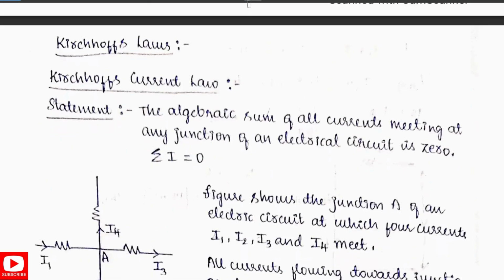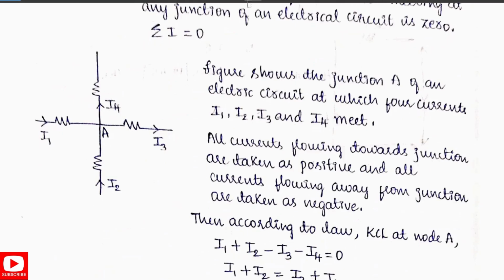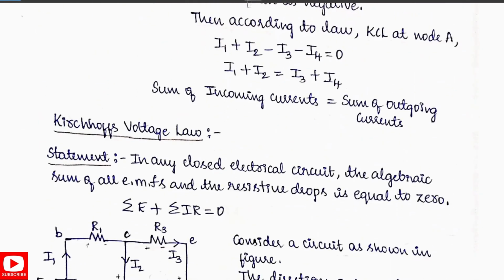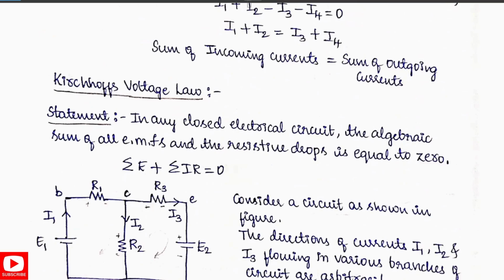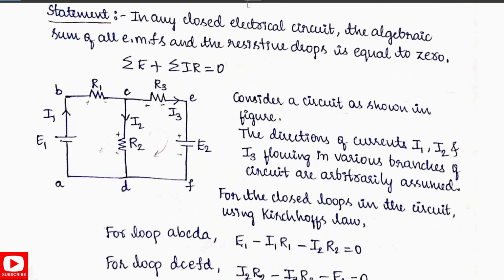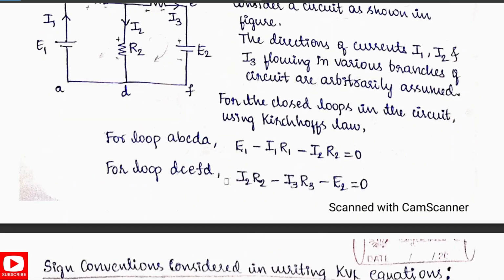Next comes Kirchhoff's laws: Kirchhoff's current law and Kirchhoff's voltage law. The statement is very important. You have to write the figure and explain it. According to KCL, the sum of the incoming currents is equal to the sum of the outgoing currents. Then Kirchhoff's voltage law: write the statement, write this equation, then draw the circuit diagram, and from the loop you have to extract the Kirchhoff law equations.